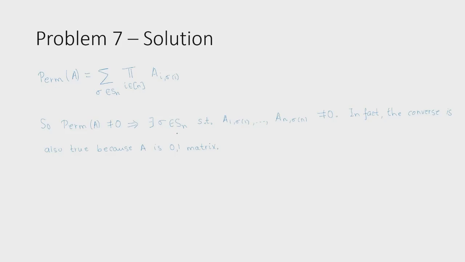So this is the bi-implication. So what does this mean? This means that the permanent of A is non-zero if and only if for some permutation sigma, A1 sigma 1 to An sigma n are non-zero. This means that at least n entries of A must be non-zero.